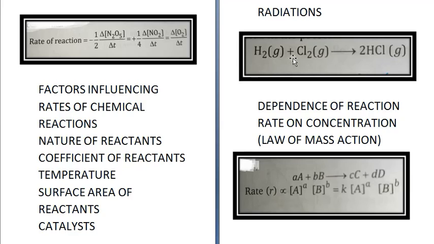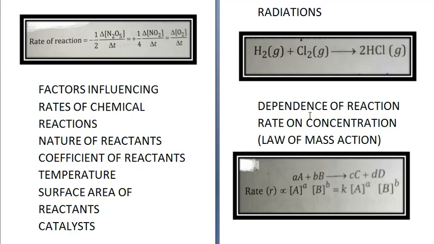So this reaction, if it is taking place in presence of ultraviolet light, will be faster. Next we come to the dependence of reaction rate on concentration. This is called the law of mass action. The law of mass action states that at a given temperature, the rate of a chemical reaction is directly proportional to the product of molar concentration of reactants, with each term raised to the power equal to its stoichiometric coefficient as represented by the balanced chemical equation.